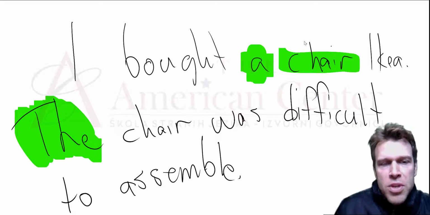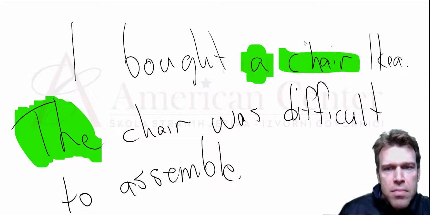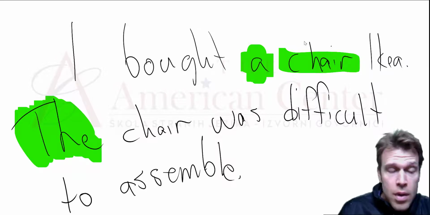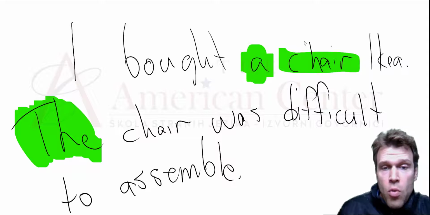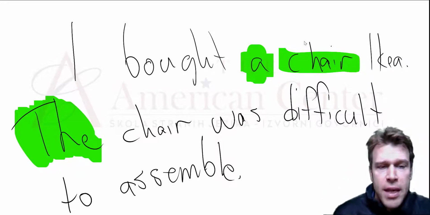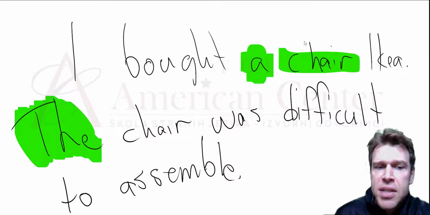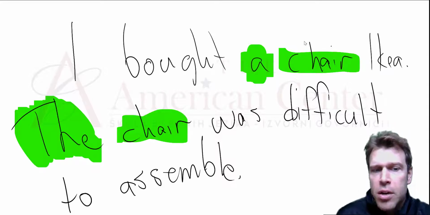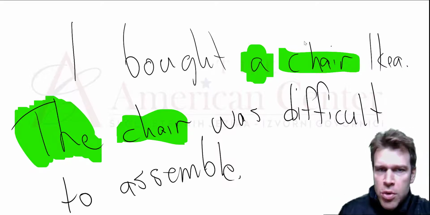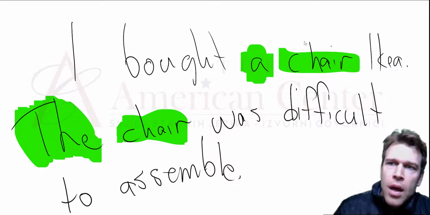Now, we use this because, with the second mentioning of this chair, we know what chair now. So it's not any, it's a specific chair. It's the one we bought from IKEA. All right, now again, this is a singular countable noun, chair. And with the second mentioning, we use the.